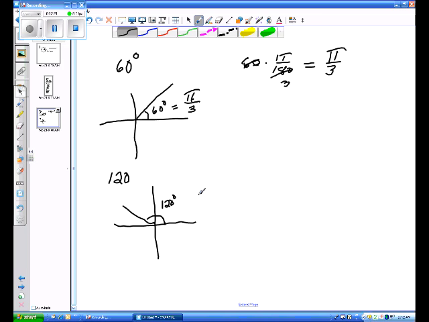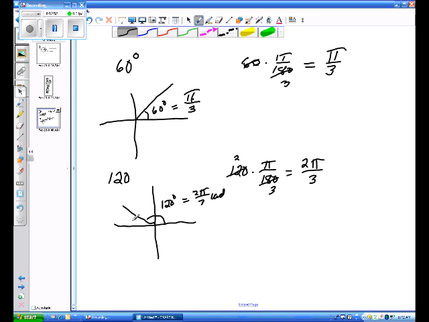Okay, let's see what this is in radians. So we'll do 120 times pi over 180. Now 60 will go into 120 2 times. 60 goes into 180 3 times. So we get 2 pi over 3. So 120 degrees is the same as 2 pi over 3 radians.